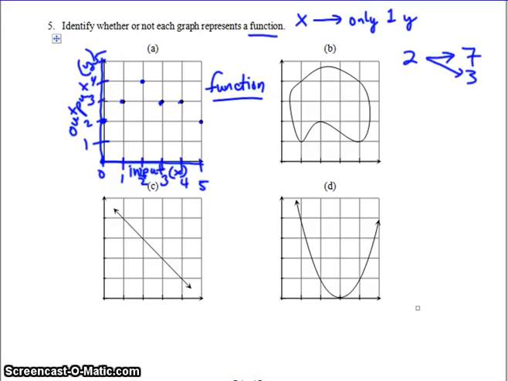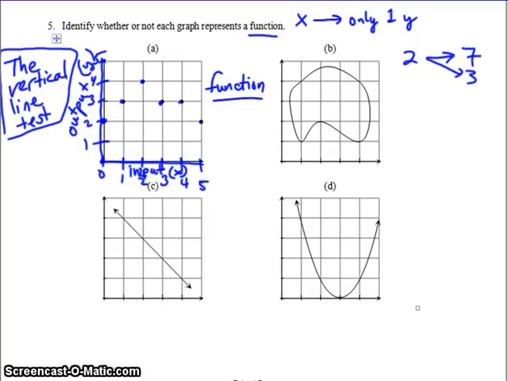The other way to do this is called the vertical line test, to see if a graph's a function.